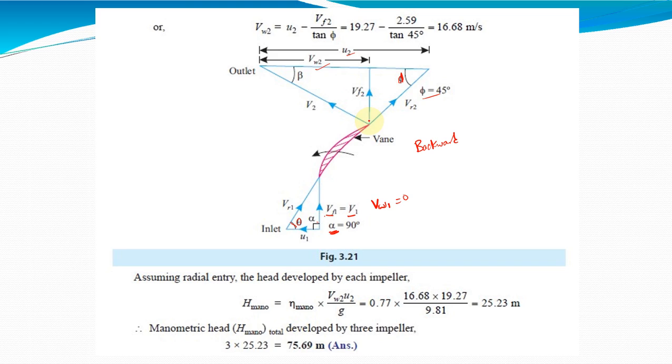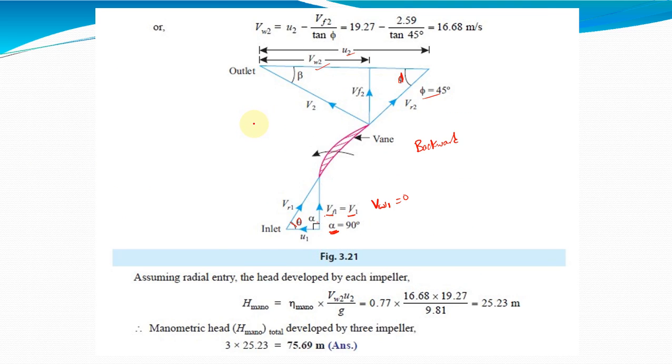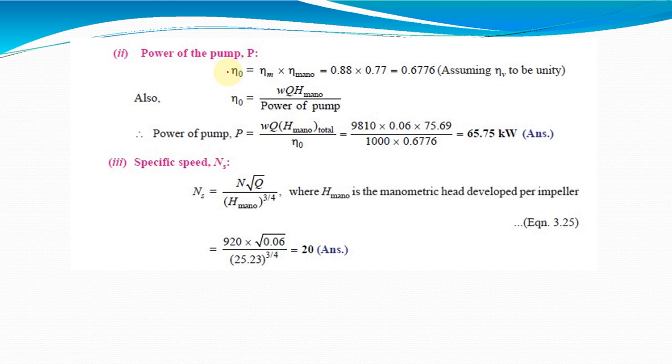First thing we have to calculate is the power of the pump. How to calculate that? We have the manometric efficiency and the mechanical efficiency, so the overall efficiency we can calculate, that is 67.76%.